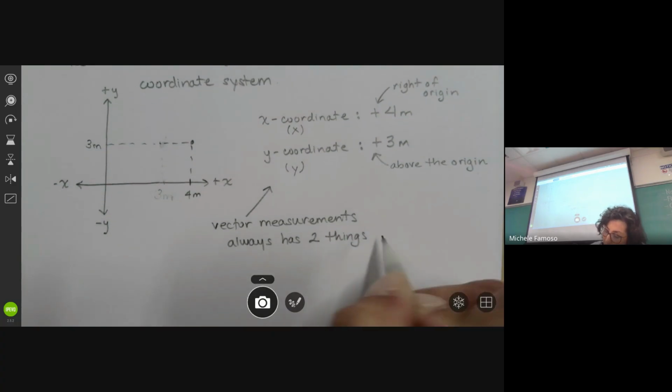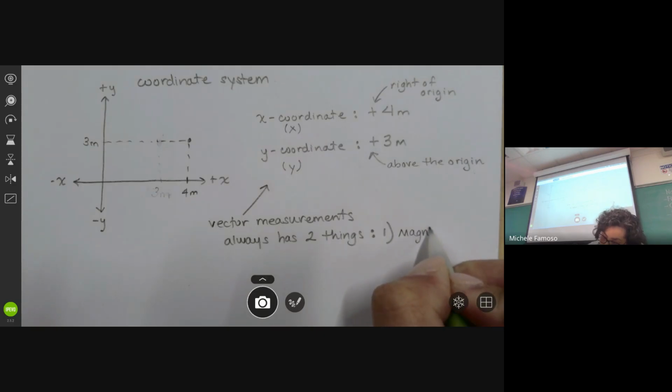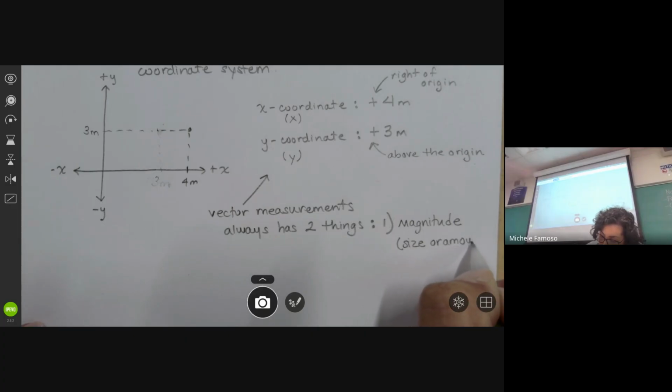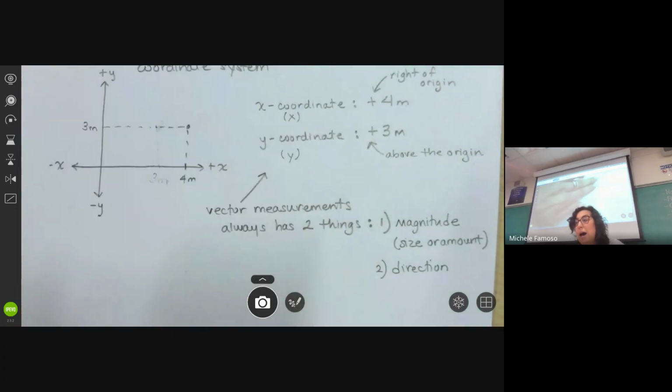First, what we call a magnitude, where a magnitude refers to a size or an amount. In this case, the size is 4 meters. The y coordinate, the magnitude was 3 meters. It's the amount, the size. But the second thing it will always have is a direction. And in these measurements, the direction is given with the positive sign.